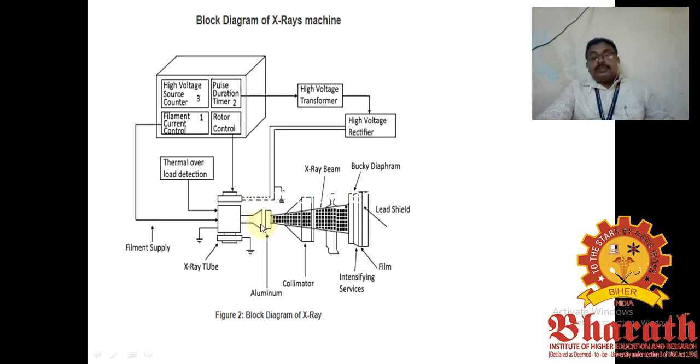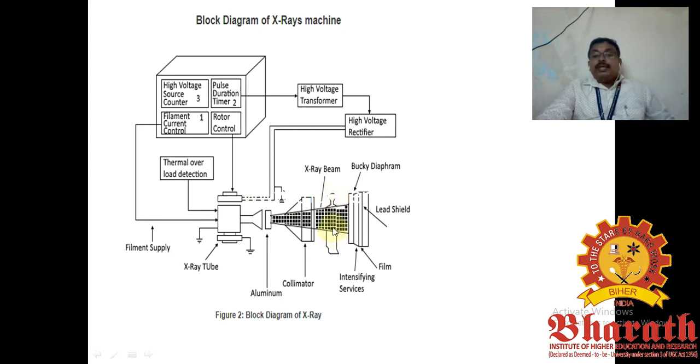So, these X-rays are made to pass through the aluminum filter first, then they pass through the collimator where the X-ray beam is increased, right, and then it is passed through the patient. So, this diagram depicts the patient, right.